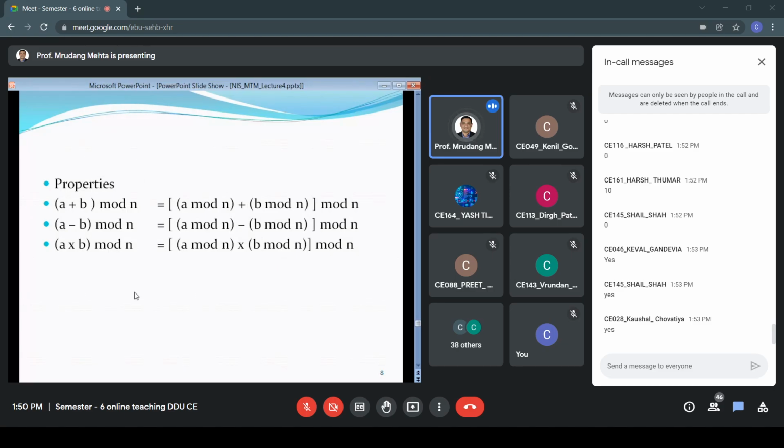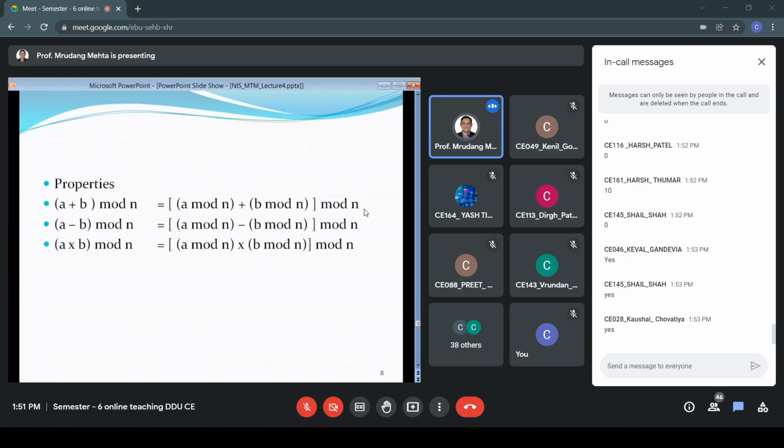So let us understand some properties of these operations. A plus B mod n is equal to A mod n plus B mod n, and the answer of this addition should again be taken mod n.